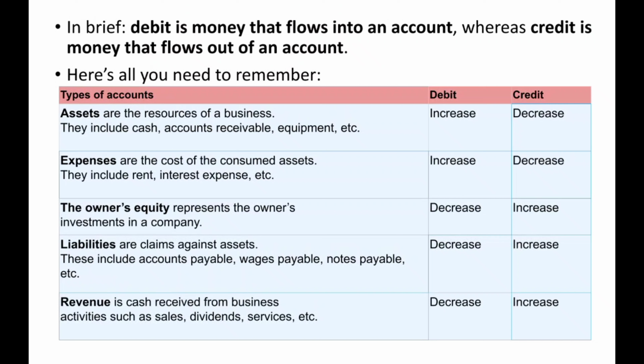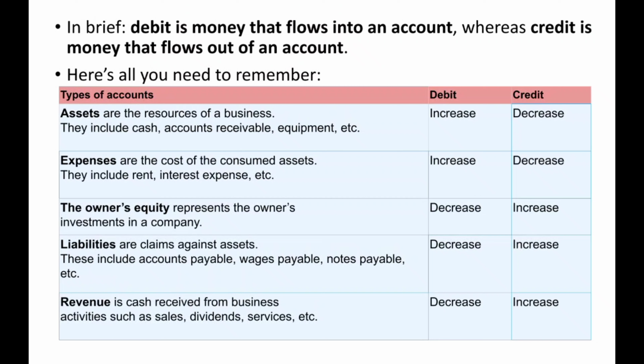First, assets. Assets are the resources of a business. These include cash, accounts receivable, and equipment. When the value of an asset increases, it comes under debit; when it decreases, it comes under credit.